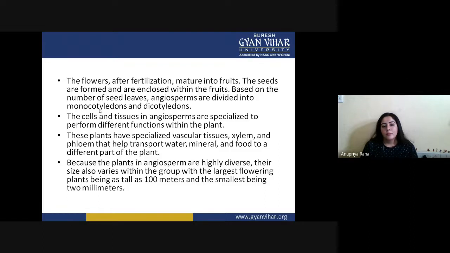These plants have specialized vascular tissues, xylem and phloem, which help transport water, minerals, and food to different parts of the plant. The vascular tissue system is present only in developed plants.